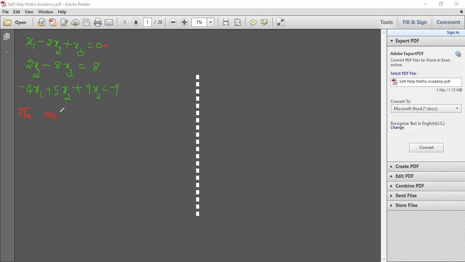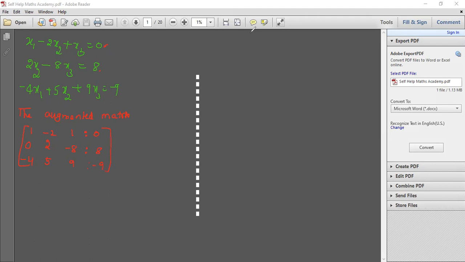The augmented matrix for the system is: 1, minus 2, 1, 0; then 0, because the coefficient of x1 here is 0, 2, minus 8, and 8; similarly, minus 4, 5, 9, and minus 9.